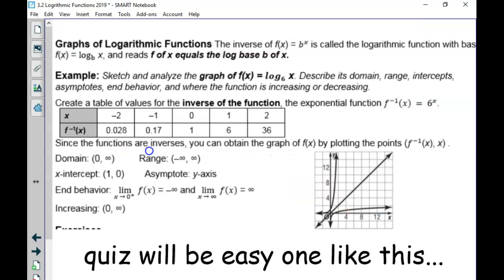Okay, so here's what it looks like on your quiz, and it will be this easy on the quiz. It says log base 6 of x. You have to find 3 ordered pairs. This is not a nice one for doing on the quiz, but there's a couple things you could do. You could rewrite it as an exponent and then take all the ordered pairs and switch them.